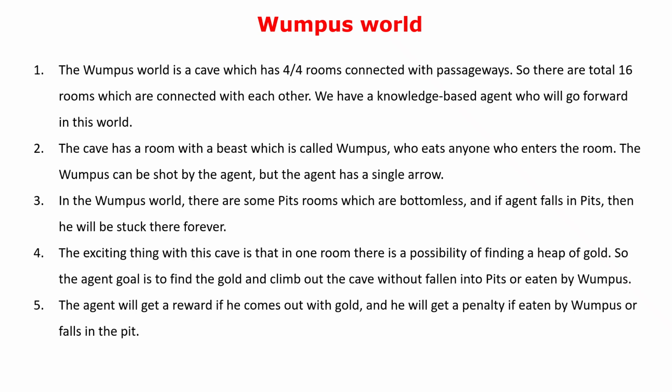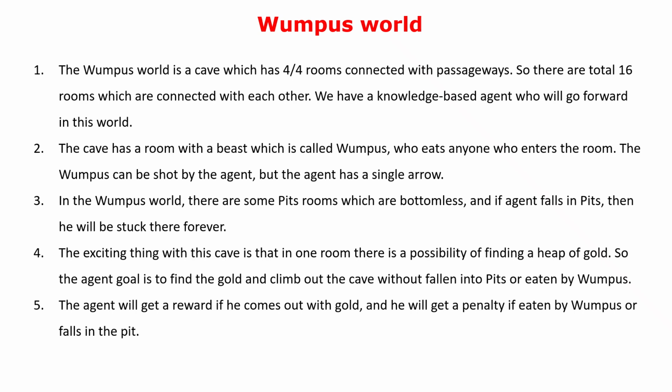That is the second point. There will be a glitter in a particular room if and only if that room has either gold or jewelry, so that we can easily identify that gold is there. The task is to reach the goal, and finally you will get the reward points.